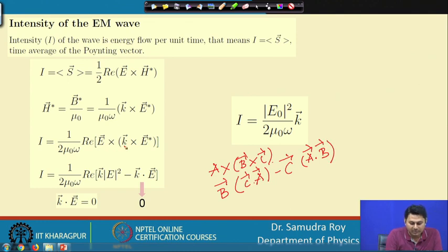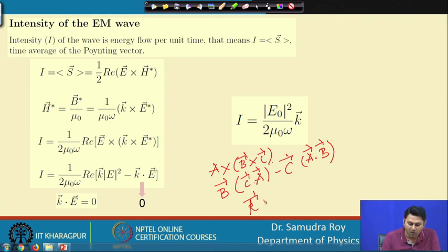Now, E cross k cross E star: if I do this, then B here is k, so my first term is k, and A and C are E and E star.